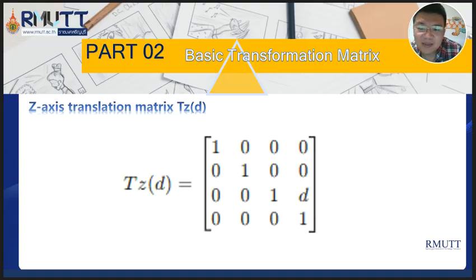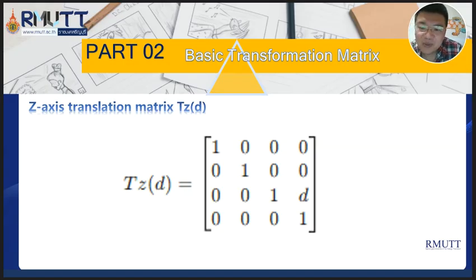Next, this is translation along Z, TZ D. The matrix is: first row 1, 0, 0, 0; second row 0, 1, 0, 0; third row 0, 0, 1, D; fourth row 0, 0, 0, 1.